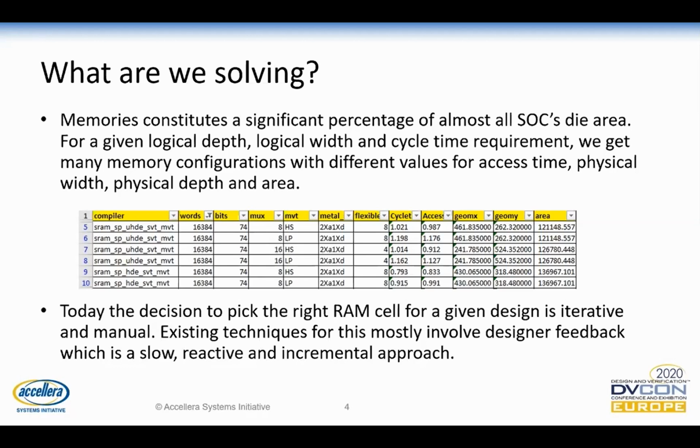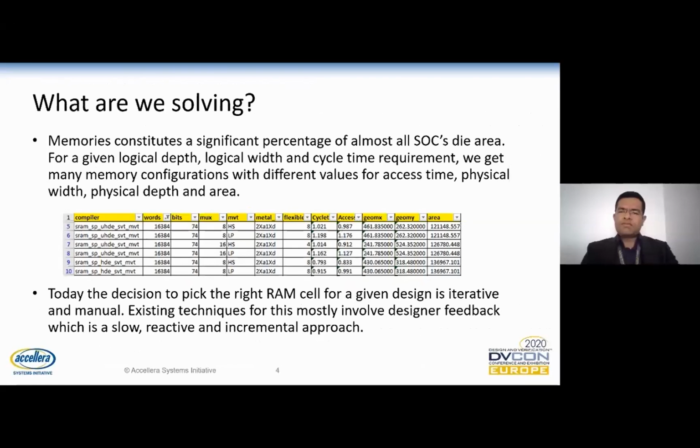Sometimes we see that the die area isn't enough to fit the memory cells. Sometimes we do not encounter any issue at all. But we never think in this scenario if there existed a scope to save more area and thereby save more power, etc. Existing techniques for this mostly involve designer feedback, which is a slow, reactive, and incremental approach.